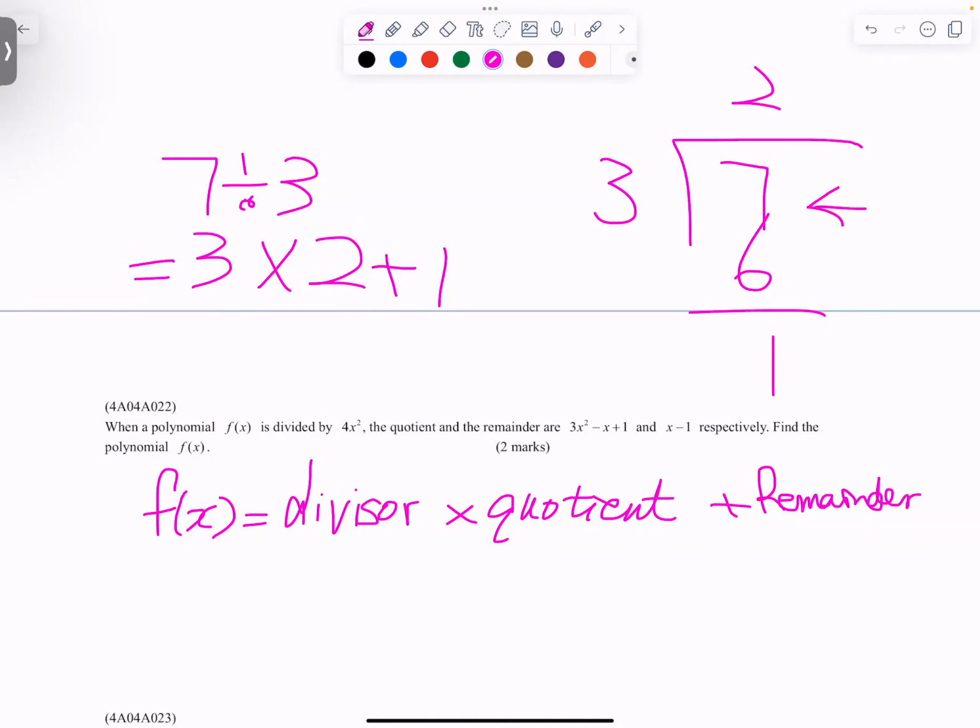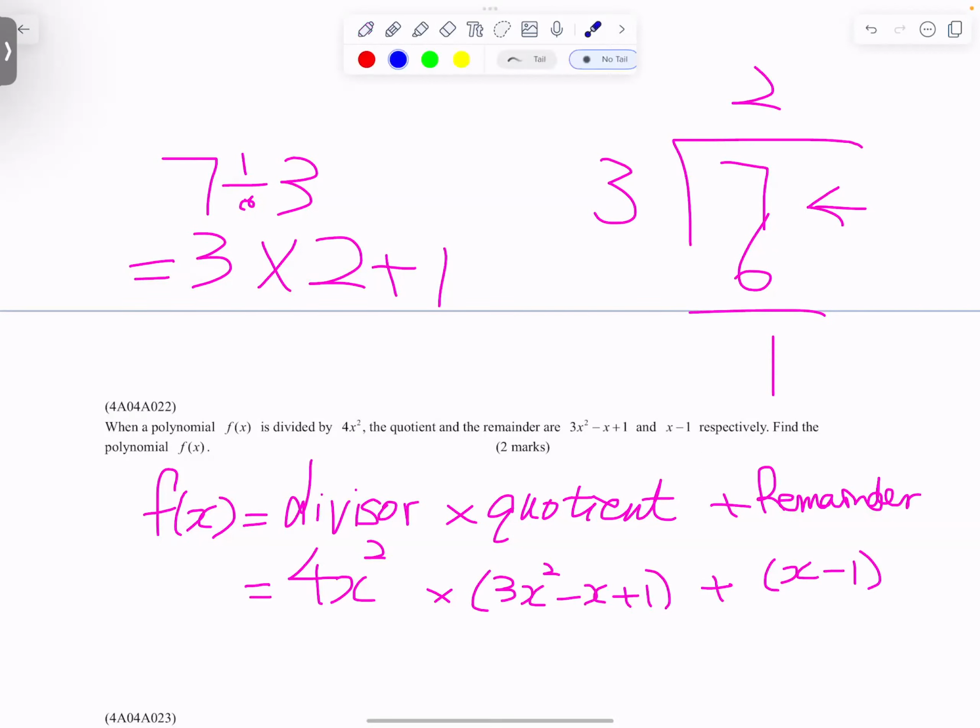Now, do we know our divisor? Yes, it's 4x squared. Do we know our quotient? Yes, it's more than one thing, so remember to put a bracket. Do we know our remainder? Also, yes. Okay, now of course this is correct, but since it's all unknowns, you need to expand it first.